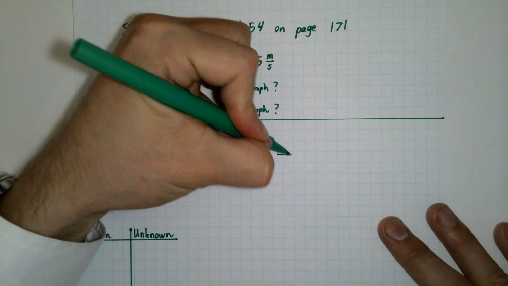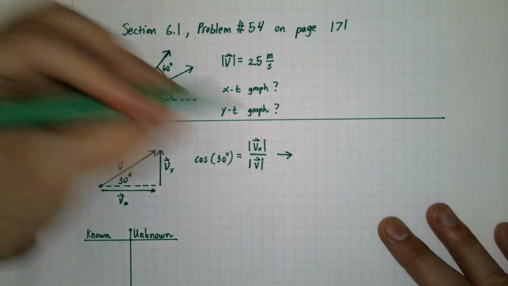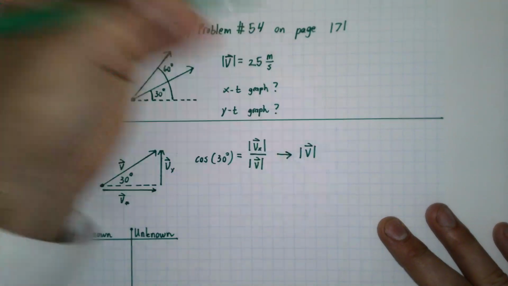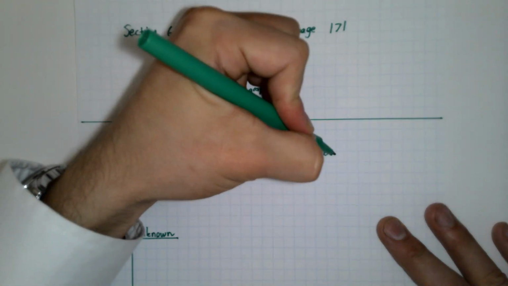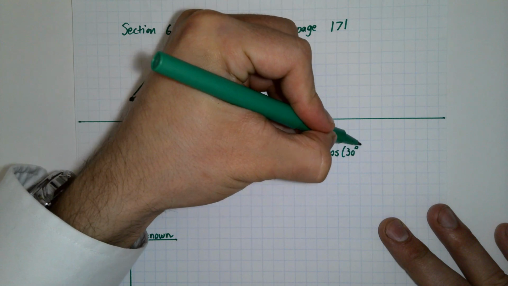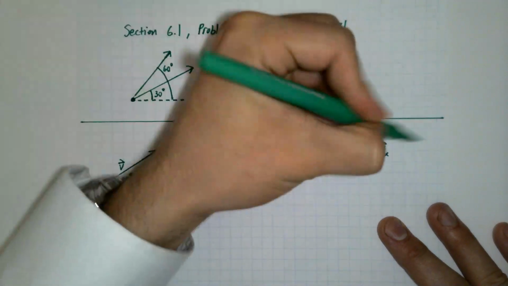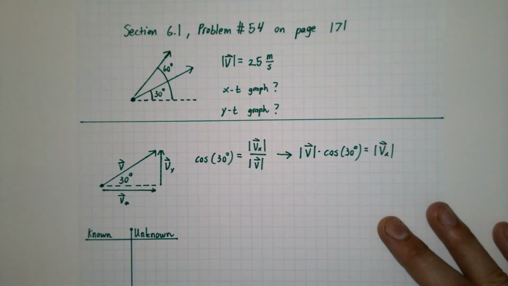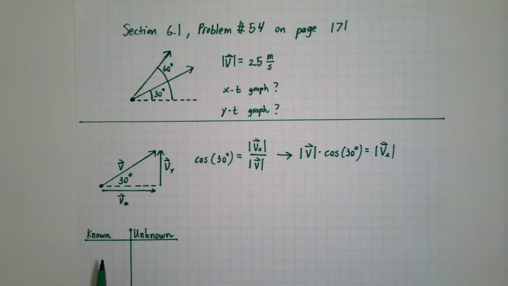Solving this equation for the magnitude of my velocity in the x dimension, I take my resultant velocity, 25 meters per second, multiplied by the cosine of 30 degrees, and that is the velocity of the baseball in the x dimension. That's how fast the object moves in the x dimension alone.